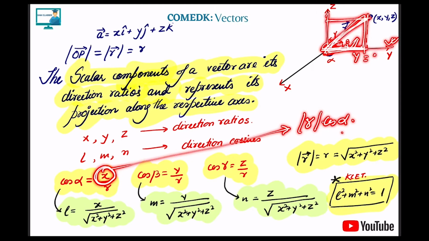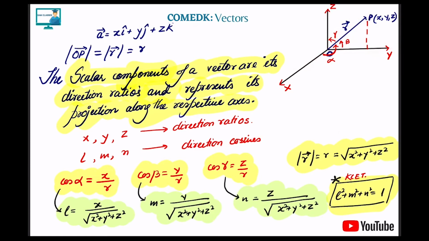This is the projection of this vector along the z-axis. That's it. So whenever they give you a vector, don't go in a complicated way. Let's say they gave me a vector.